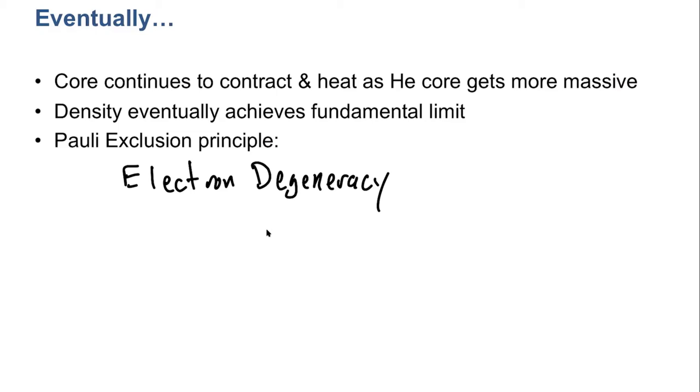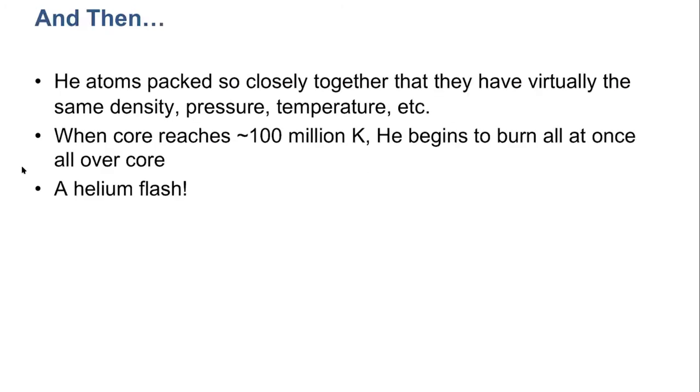And this has a fundamental impact on the density profile of the star itself. For instance, the helium atoms eventually become so closely packed together that they have basically the same density, pressure, temperature. What do I mean by that?